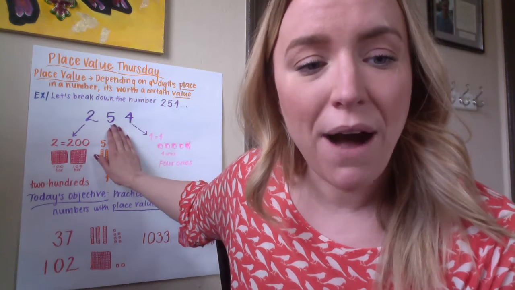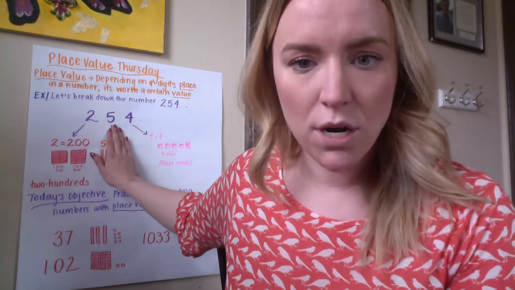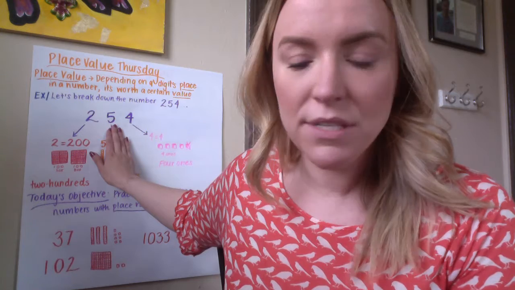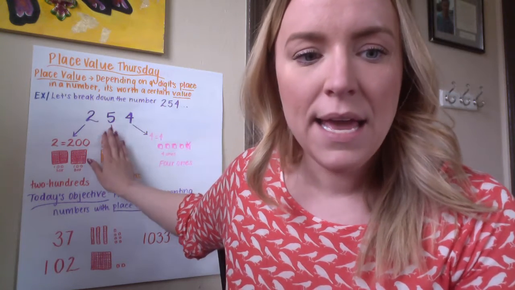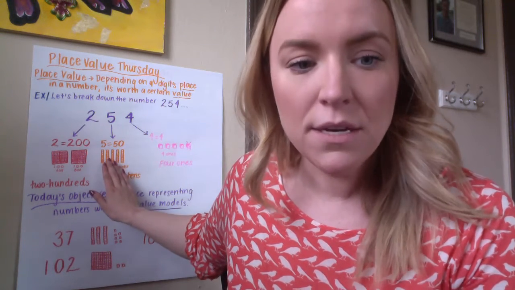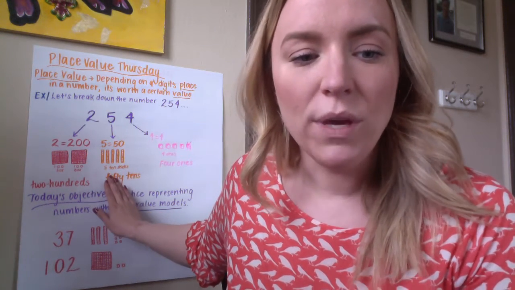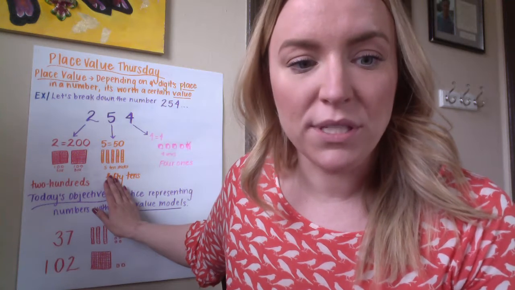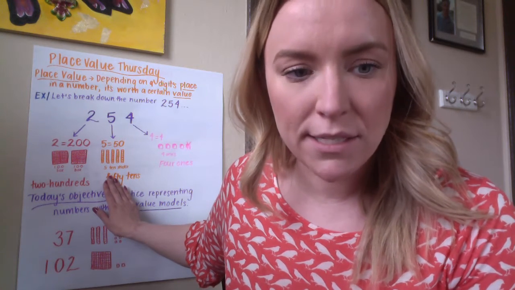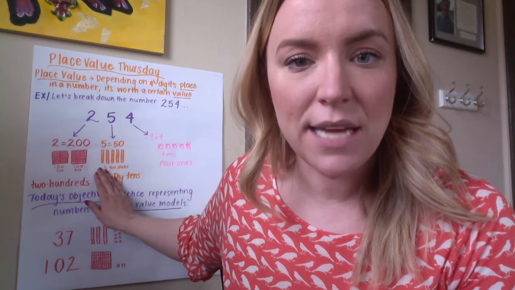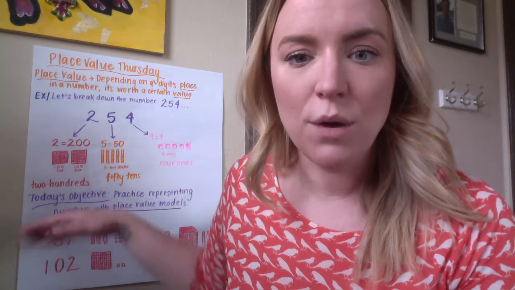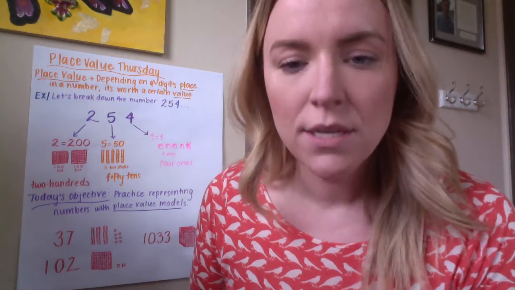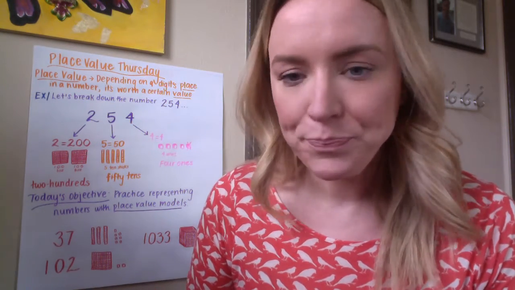Moving on to our 5 in 254, we know that 5 doesn't just stand for 5. Once again, it stands for 50. So we can represent 50 with 5 10 sticks. Each of these 10 sticks just has 10 ones. So that's how we can visually represent our 50.